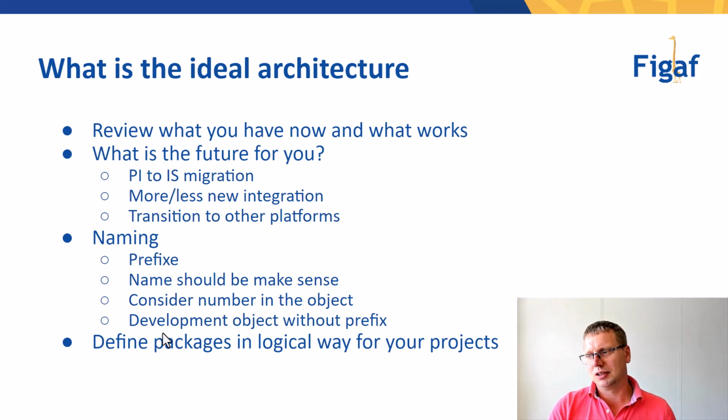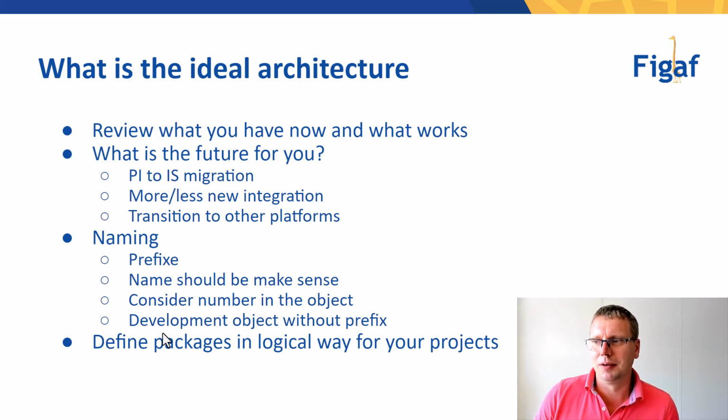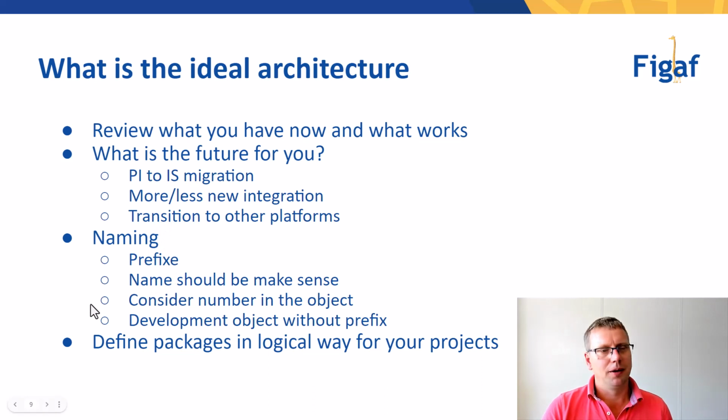And then obviously you need to define your objects in a logical way for you based on these four criteria. So what is it that you're actually expected to be delivering over the next period of time?